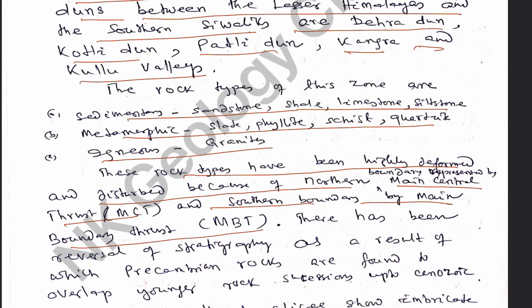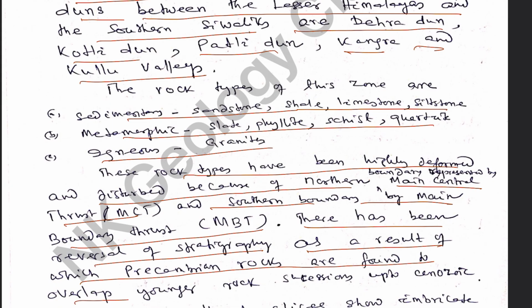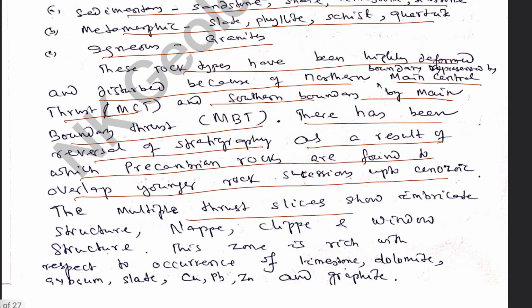These two thrust zones have highly displaced the rock types of the entire Lesser Himalayas, and there has been reversal of stratigraphy, as a result of which Precambrian rocks are found to overlap younger rock succession up to Cenozoic. The multiple thrust slices show imbricate structure, nappe, klippe, and window structure.